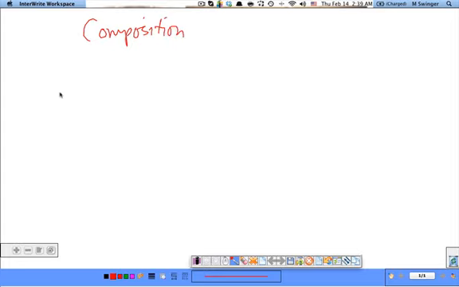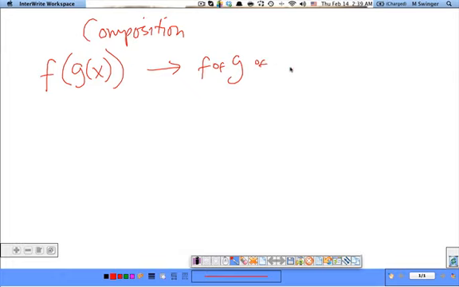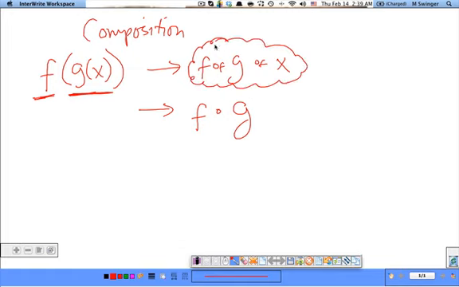Here's one. If you see this, this means f of g of x. If you said it in words, it would be this: f of g of x. Okay? It also could be written like this: f circle g. You could see these two things, but in all cases, it means f of g of x.